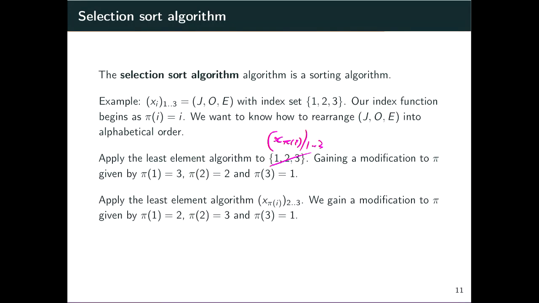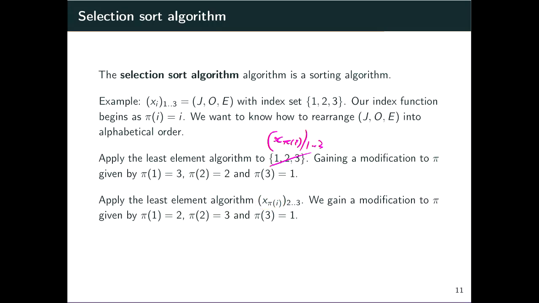Okay. Then the next step is you apply this least element algorithm again, but what we've done is we're only considering the index set 2, 3. So we're kind of ignoring this one here. And you'll notice that we're actually doing this permutation on the sequence X inside.